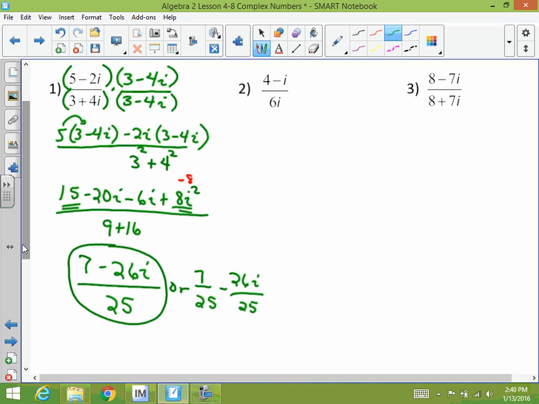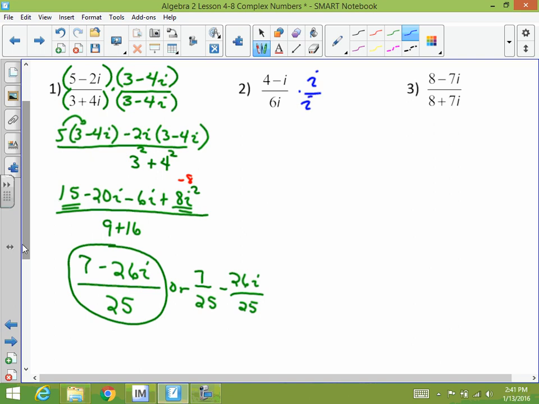If we look at problem number 2, we have an i in the denominator, but we don't need to multiply it by a conjugate because there's no plus or minus sign. If there's a plus or minus sign between terms, then you have to multiply by a conjugate. I just have 6i. 6 is perfectly fine. I just can't have the i. So I need to multiply both the numerator and the denominator by i.